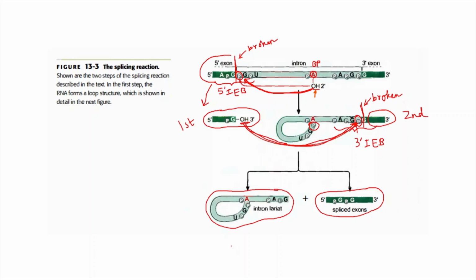Why is this called a lariat? Because it is sigma shaped. So in this way, the two exons which were previously far from each other are brought close together, and they are joined by phosphodiester bond formation, and the intron is released in the form of a lariat.